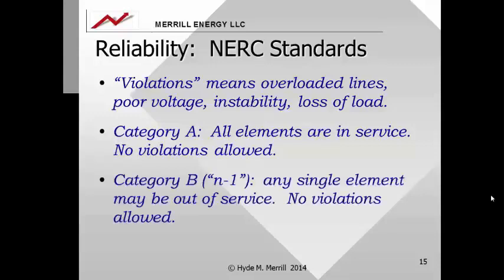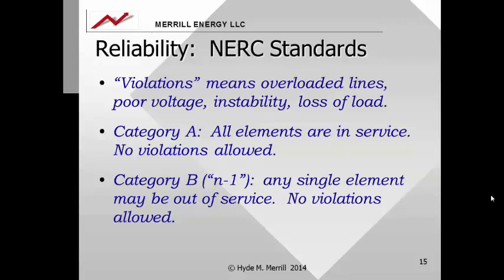In Category B, N-1, any single element of the system is out of service, and no violations are allowed. This last sentence gets an asterisk. It gets an asterisk because there are areas, there are distribution systems, customers, who are served by only a single transmission line. Obviously, if the single transmission line goes out of service, they lose their power.